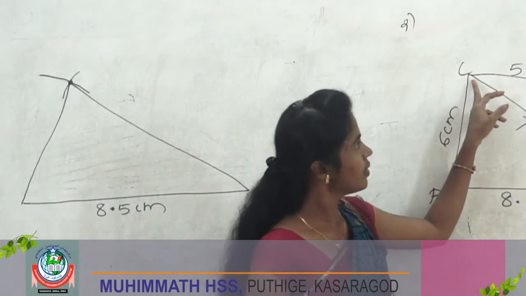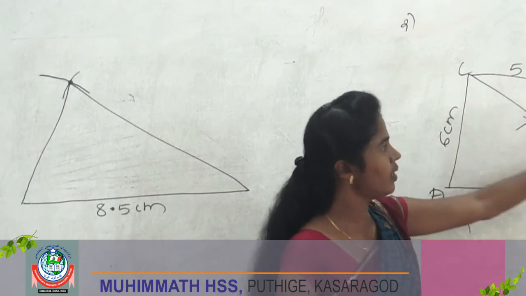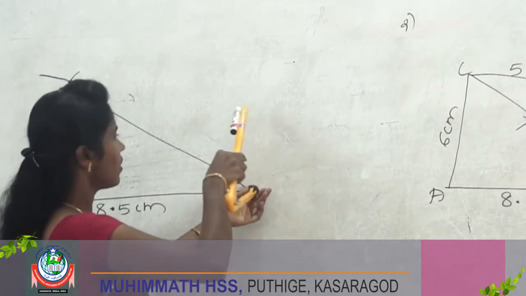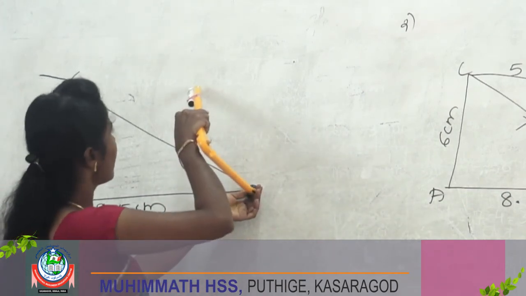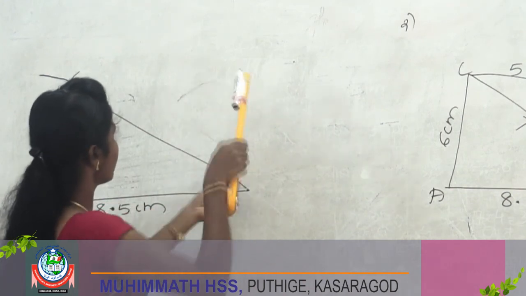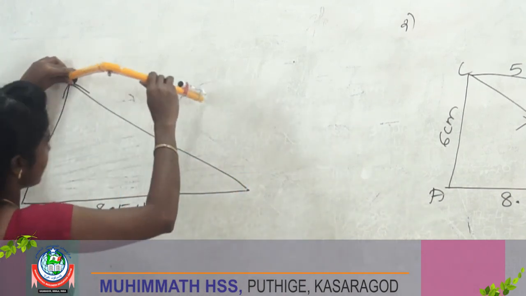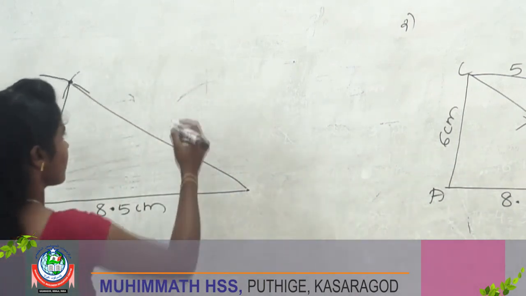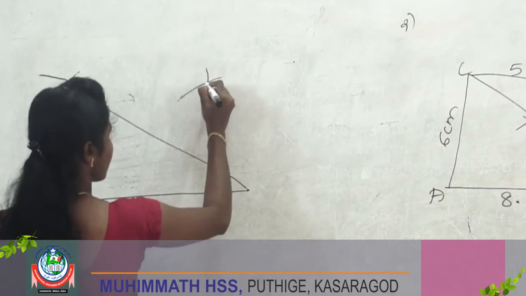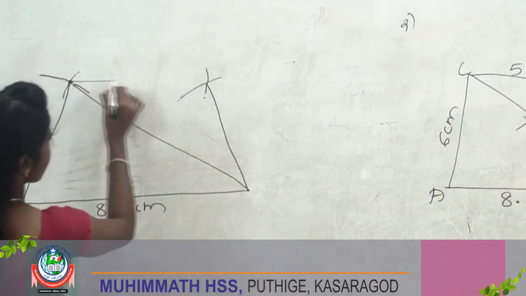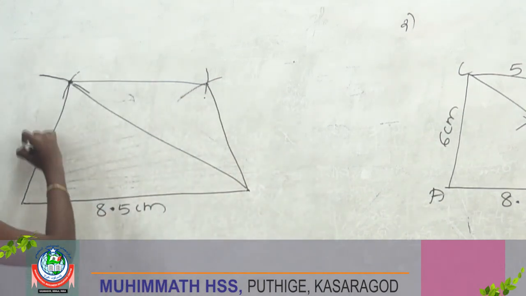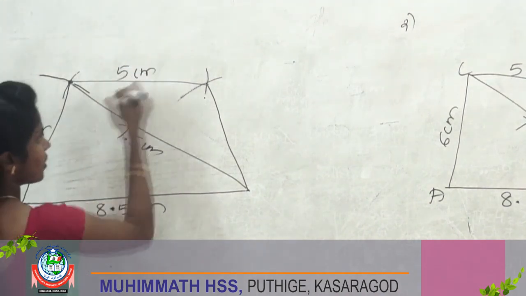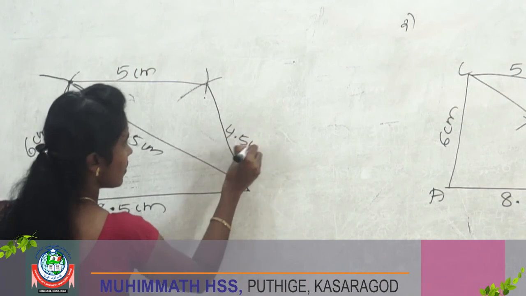From C to D is 5 centimeter and B to D is 4.5 centimeter. Again by using compass, BD length is 4.5, CD is 5 centimeter. Six centimeter, 7.5 centimeter, 5 centimeter and 4.5 centimeter.